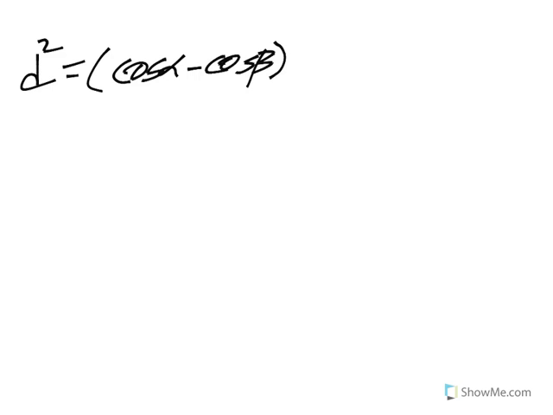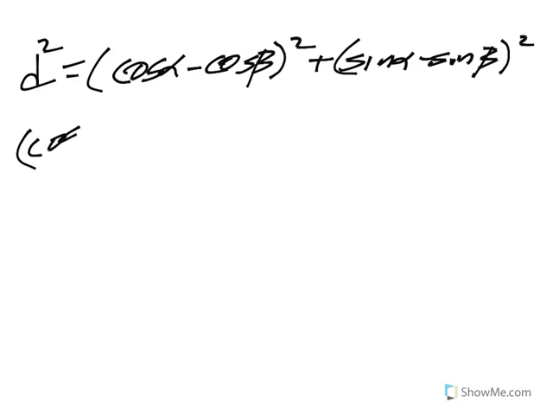What we said was that D squared is the quantity cosine alpha minus cosine beta, quantity squared, plus sine alpha minus sine beta, squared. Now these are just squares of binomials.